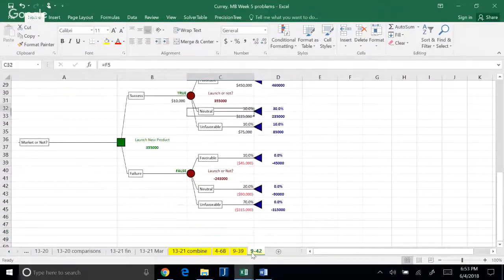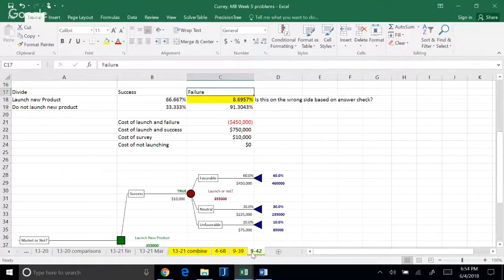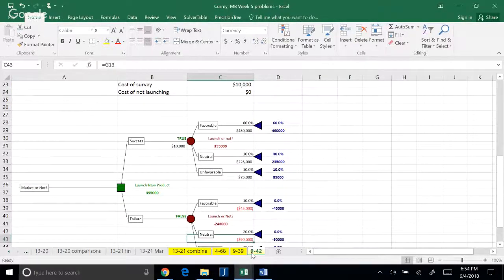Yeah, I think that the issue with the EMV here, one issue is that the first thing you have is a decision to do the survey or not. So go back and look at what we did on Brenda's because I made sure the structure of her decision tree was right and worked from there.